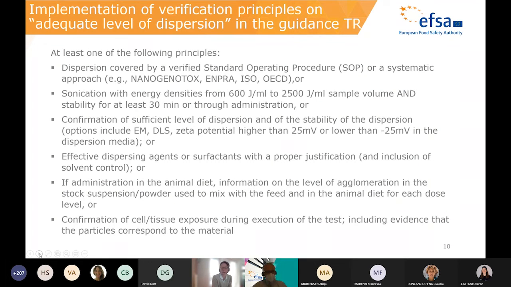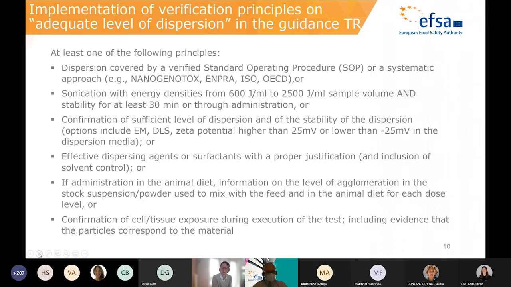Information on the energy used for the sonication, or confirmation that there is a sufficient level of dispersion based on the stability of the dispersion, for example, with the zeta potential, or by providing information via electron microscopy or DLS.